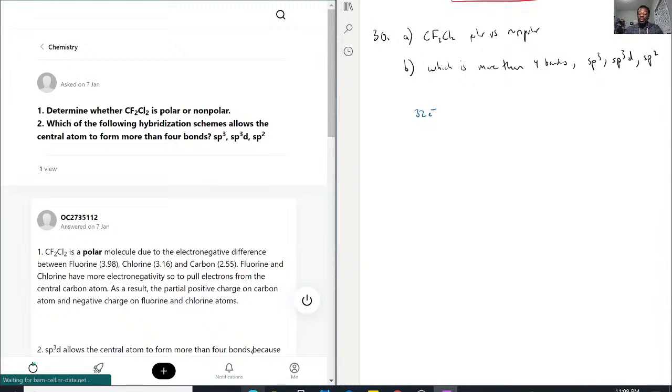So, with that being said, put the carbon in the middle. F, F, Cl, Cl, and then we fill out the valence. So fluorine was sharing 1 of its 7, which is why we can add 6 more. Same thing here, 2, 3, 4, 5, 6, and 2, 3, 4, 5, 6, 7.